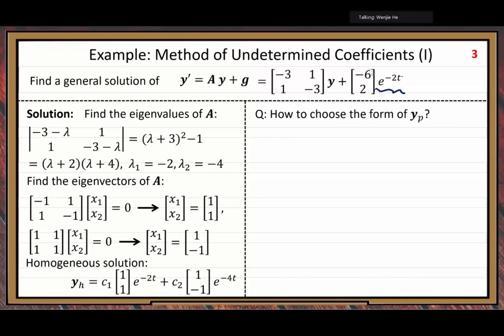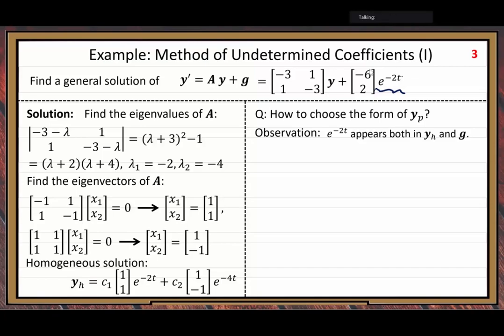Correct form. All right. You can see in the G function, there is this e to the negative 2t function. Also, in YH, you have the same e function.